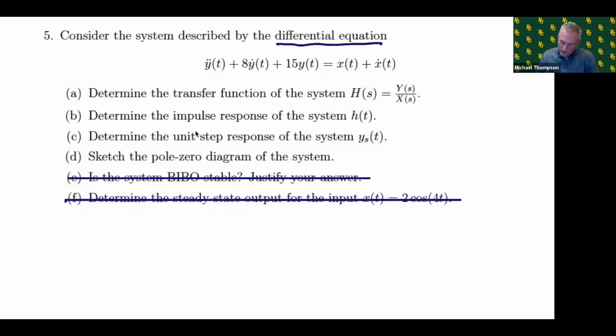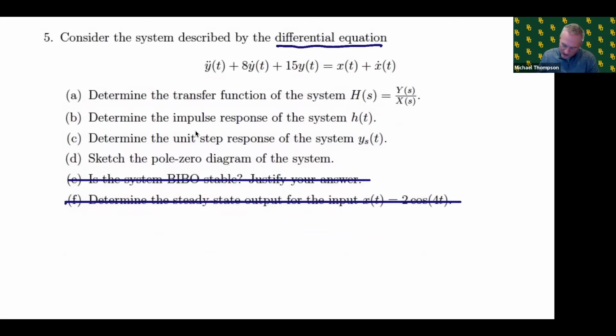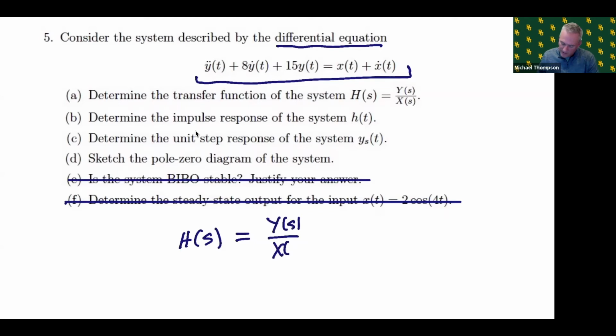Okay, so one of the things we've talked about several times is if you had an ODE, can you write down the transfer function? Okay, and so I can do that by inspection. The transfer function H of s, which is Y of s over X of s, is equal to, and then on the bottom, I look at this y double dot, and everywhere I see a double dot, I put an s squared, and the coefficient in front of that is 1.